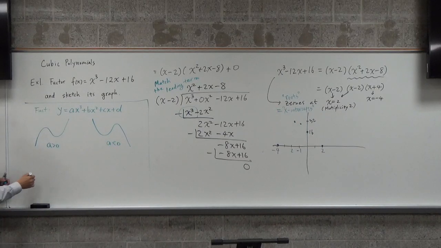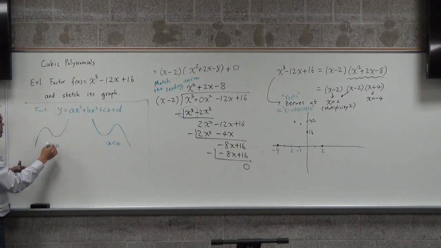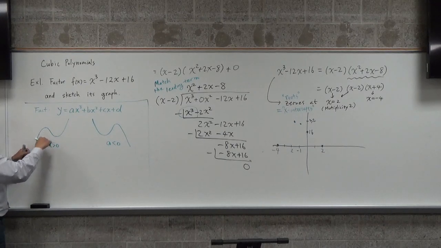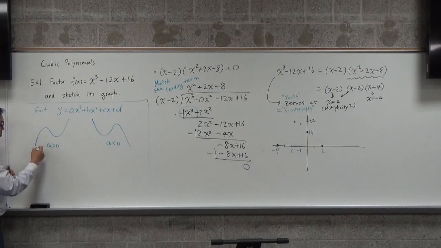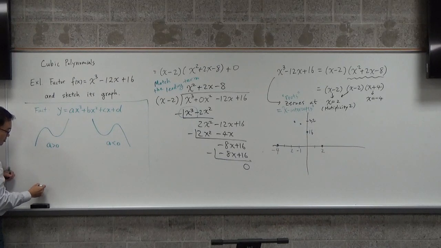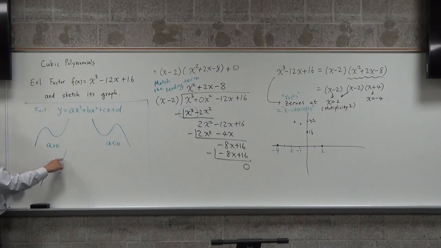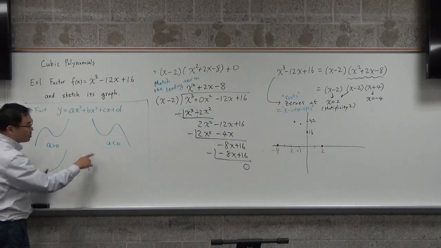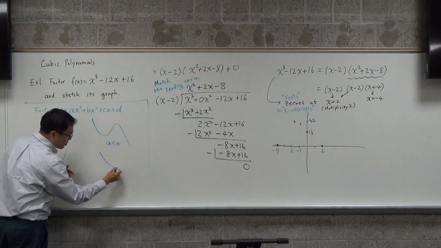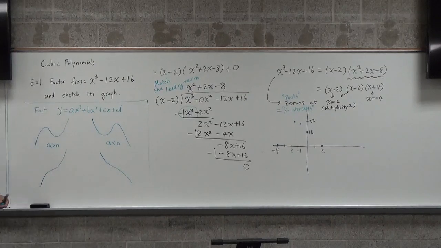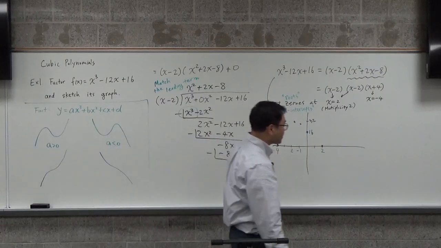Now, however, it could be that this is somewhat less pronounced. Going up and down is less pronounced, and you might have something like this. So in this case, the graph continues to increase, except that the pace of increment slows down a little bit, but it still increases. So that's also possible. In this case, you could also have something like this as well. Okay. So those are the possible shapes of a cubic.